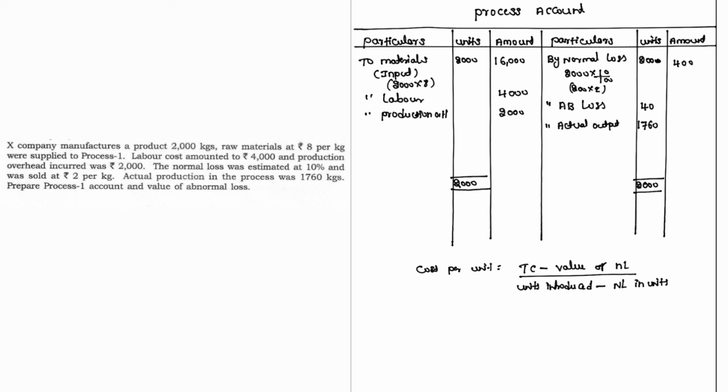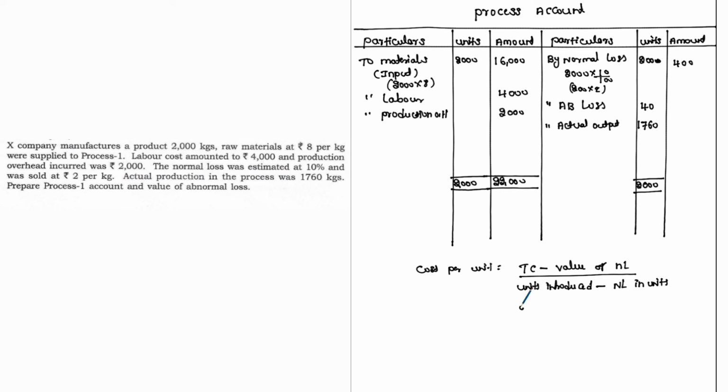So total cost they given 22,000. So total cost, if you take the balance, 22,000, this will be your total cost.